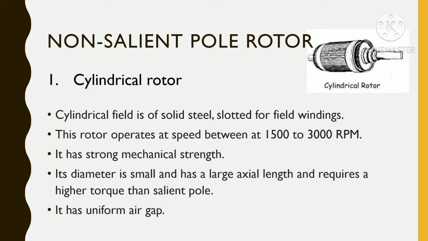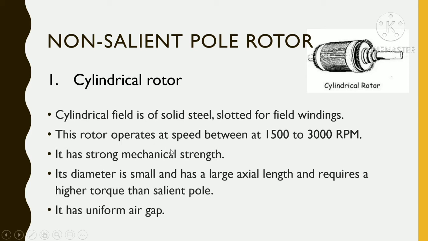Next is, its diameter is small and has a large axial length and requires a higher torque than salient pole. So, tingnan natin dito sa upper side ulit, yung image ng cylindrical rotor. Yung axial length niya is mahaba, kumpara naman sa salient pole na maikli lang. Pagdating naman sa diameter, shorter yung cylindrical compared to salient pole.